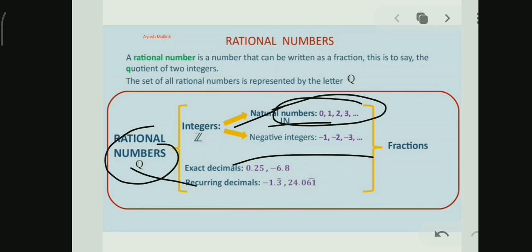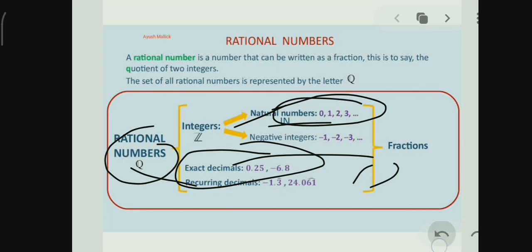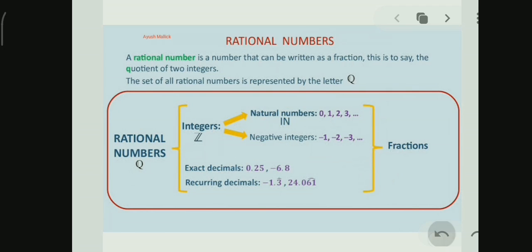A rational number also includes exact decimals like 0.25. This is also a form of a fraction. As you know about fraction and decimal representation, we can write any fraction in the form of a decimal as well. This is just a different way of representing numbers.